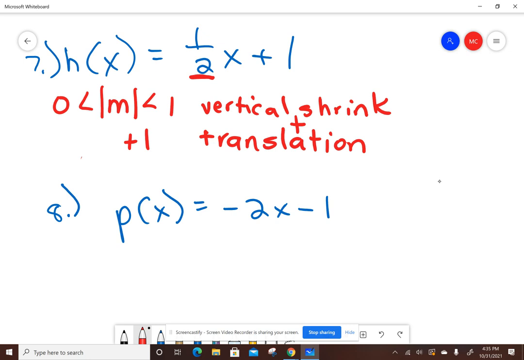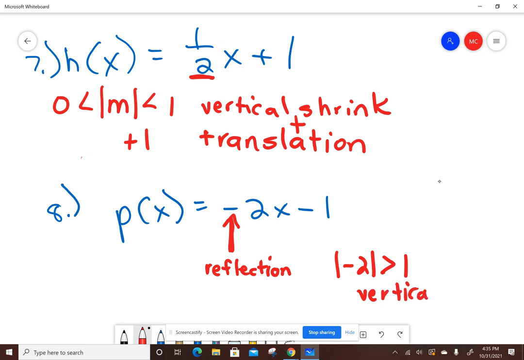Now for number 8, because that's negative, this is a reflection. Because whenever the slope is negative, it's a reflection. Because the absolute value of negative 2 is greater than 1, this is a vertical stretch. Because whenever the absolute value of the slope is greater than 1, it stretches.